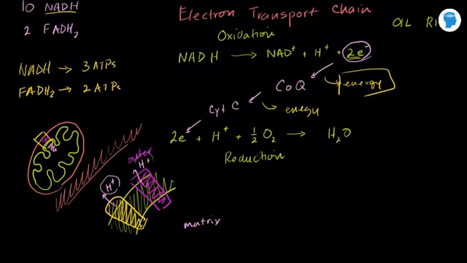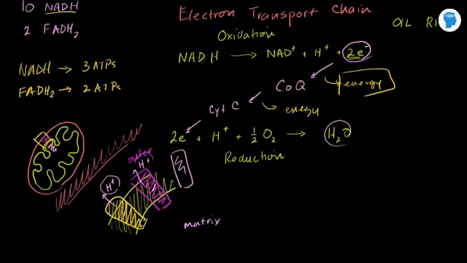So by the time the electrons have gone from their high energy state in NADH to their lower energy state in water, they've supplied the energy to these protein complexes that span our cristae to pump hydrogen from the matrix into the outer compartment.